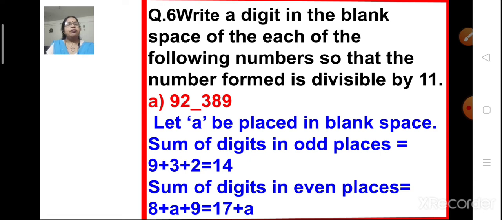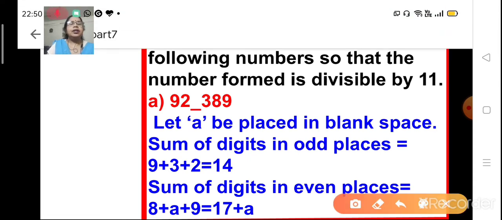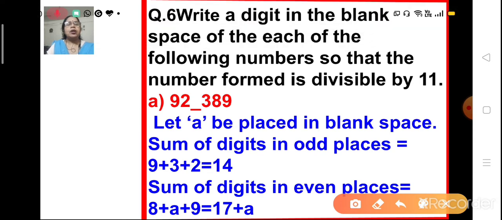So, let us find the sum of the digits in odd places. What are the odd places? The digits in the odd places are 9, 3 and 2, isn't it? And their sum becomes 9 plus 3 plus 2, 14. And what is the sum of the digits in even places?